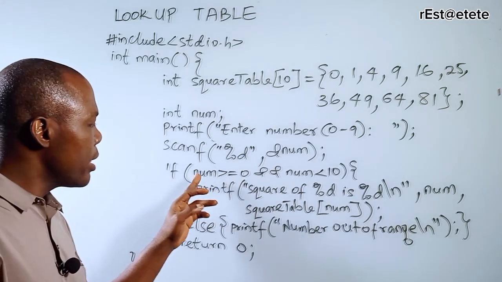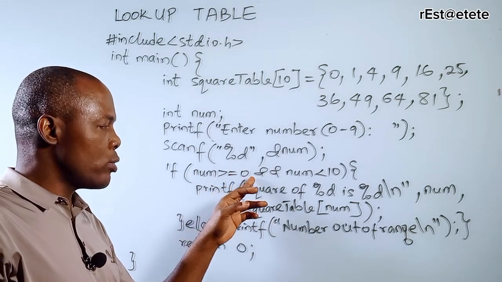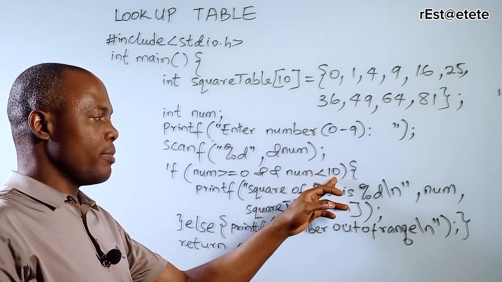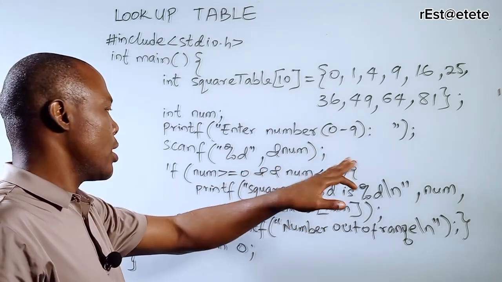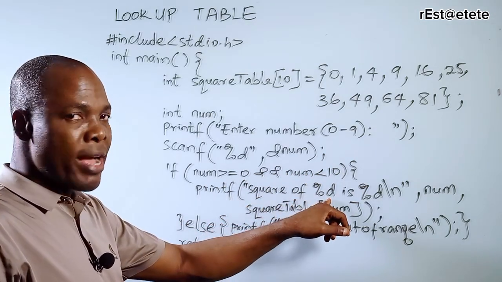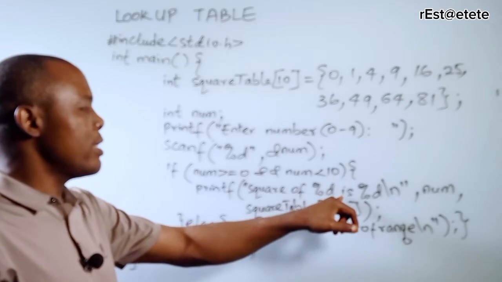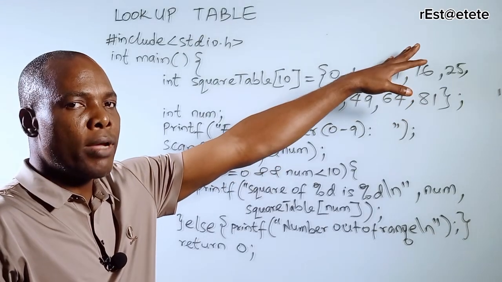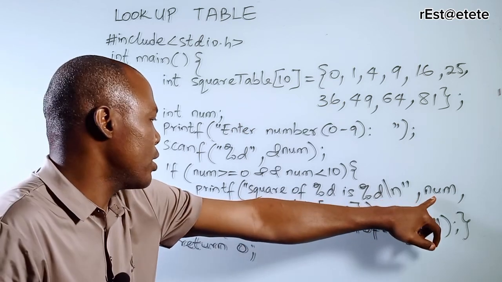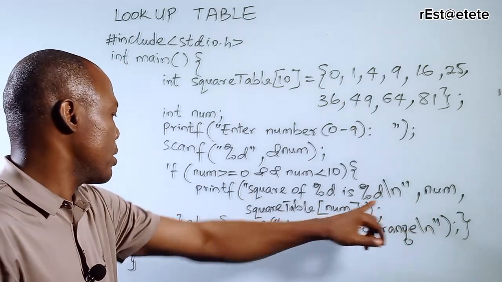Then I will check if num is greater than or equal to 0 and num is less than 10, meaning it is within this range. Go in and print out the square of whatever number I supply, that 5. Square of 5 is, it will look up this table and look at position 5. What is there? It will print it out. That is why I'm having this num and this one for this place.